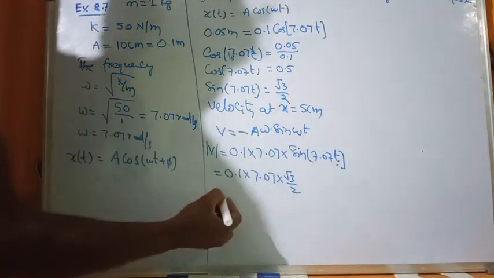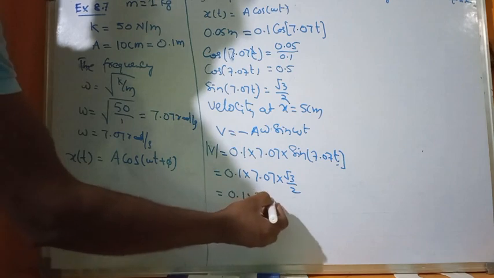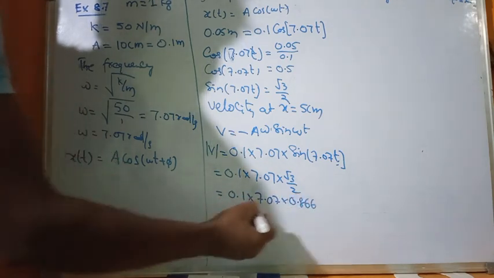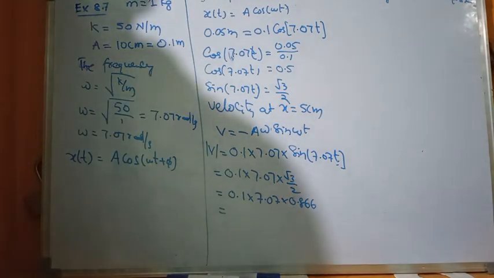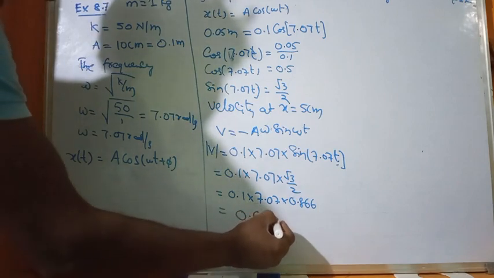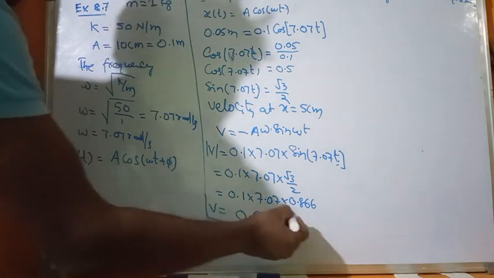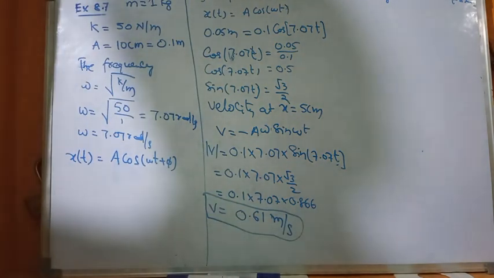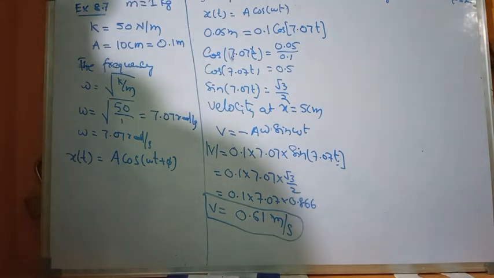So this root 3 by 2 is 0.866, and 0.1 into 7.07 into 0.866, after solving all this, we got 0.61 meter per second. This is the velocity at x equal to 5 centimeters.